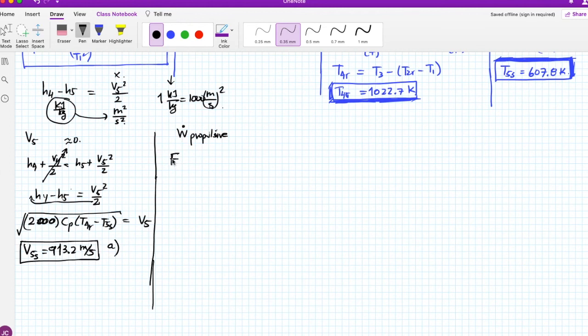The force of the plane equals the mass flow of air times a difference of velocity, V5s minus V plane. This difference in velocity times the mass flow of air gives me the thrust. So m equals 60 kilograms per second. Then I put the numbers: 913.2 minus 320, which was the velocity of the plane.